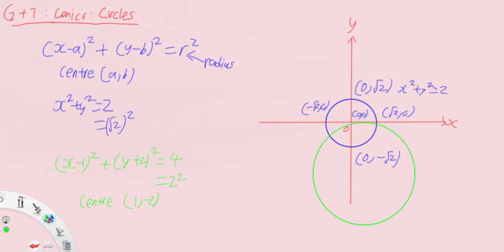Now, why do I draw the graph just nicely touching the x-axis? Very simple. If you look at the radius of the circle, it is 2. The y-coordinate of the center is minus 2. Therefore, the point directly above the center would be at (1, 0), and there will be no other point.